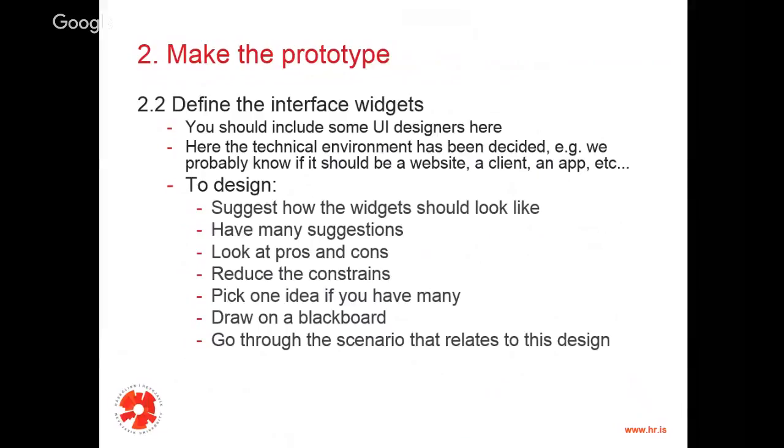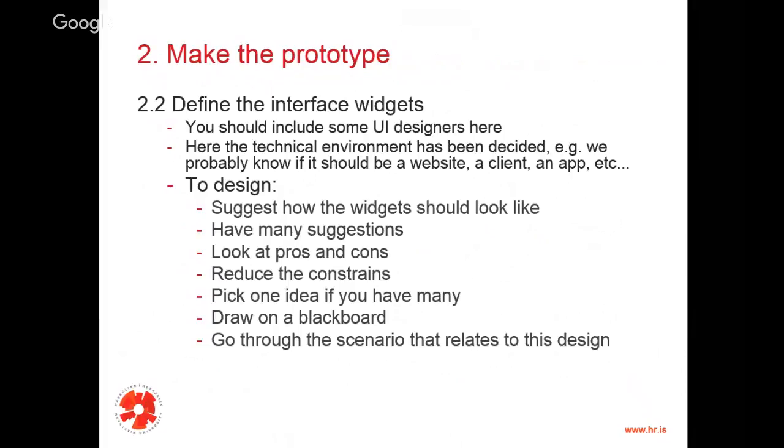Yeah, and when you design, you suggest how the widget should look, and you pick one idea if you have many. Like for choosing something, it could be a link, or it could be a button, or a menu or something.